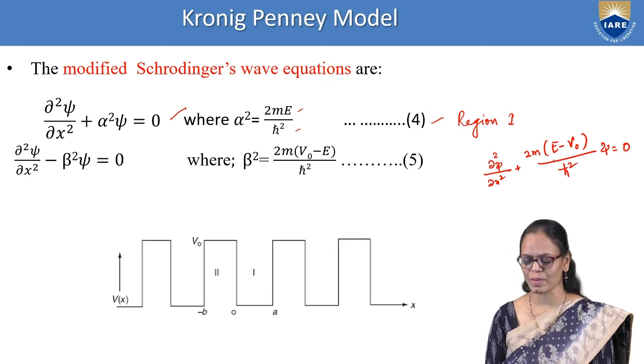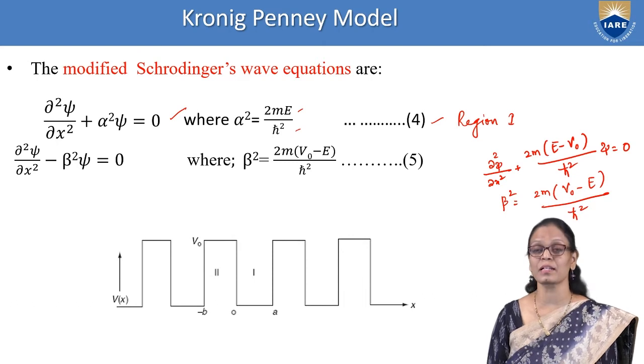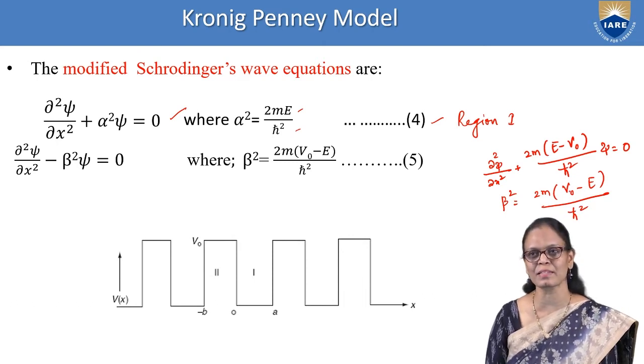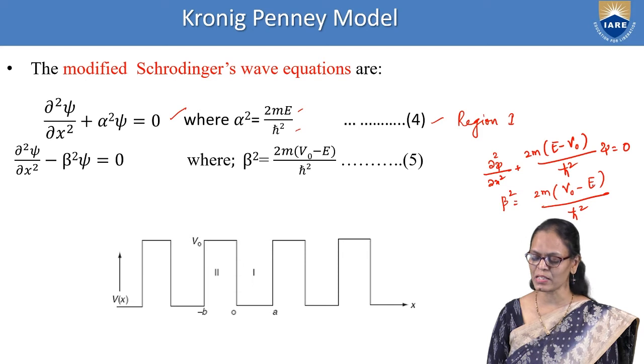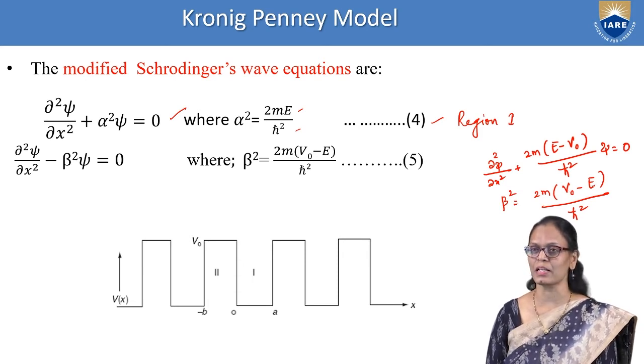Here we are going to substitute beta square is equal to 2m into V naught minus E by h cross square. Why are we writing V naught minus E here? Because we have considered V naught to be maximum. So instead of taking E minus V naught, we have taken V naught minus E.